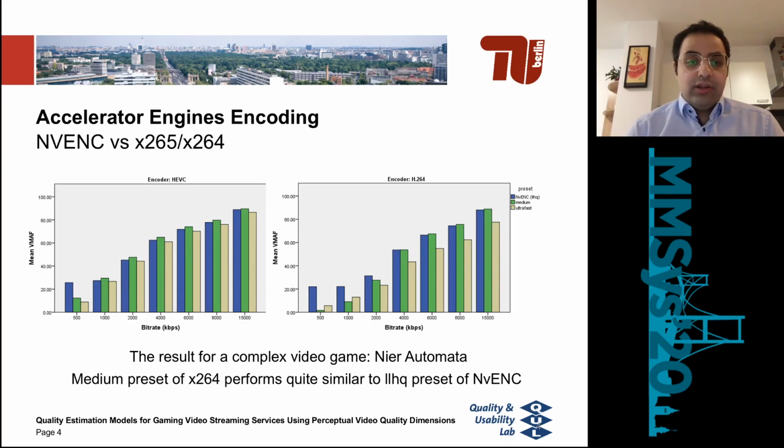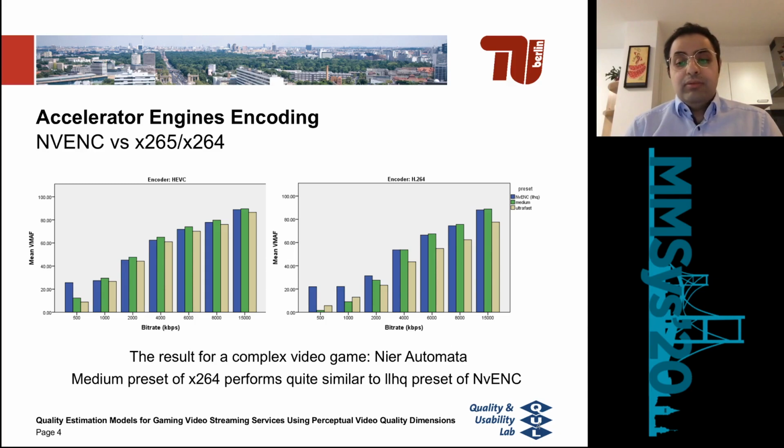I made a short comparison between accelerator engines and the typical software packages that we have. NVIDIA provided the accelerator engine for HEVC and H.264, and here you can see the comparison between the LLHQ preset of such accelerator engines using NVENC and the medium and ultrafast presets.